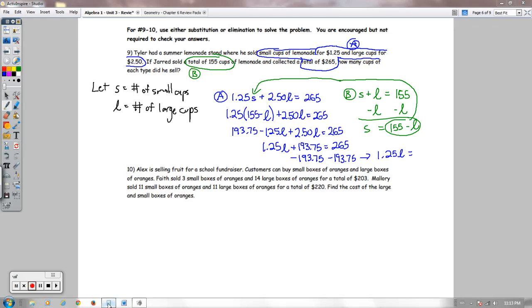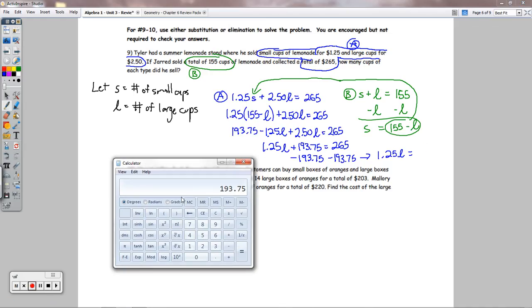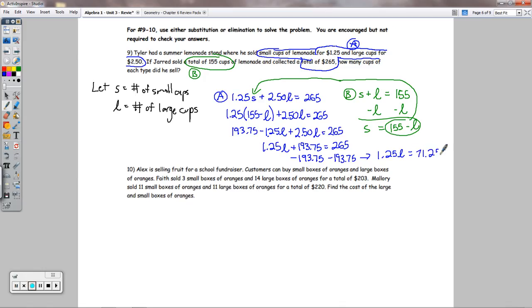I'll take my calculator again for that. So 265 minus 193.75 would be 71.25. And I could divide both sides by 1.25.